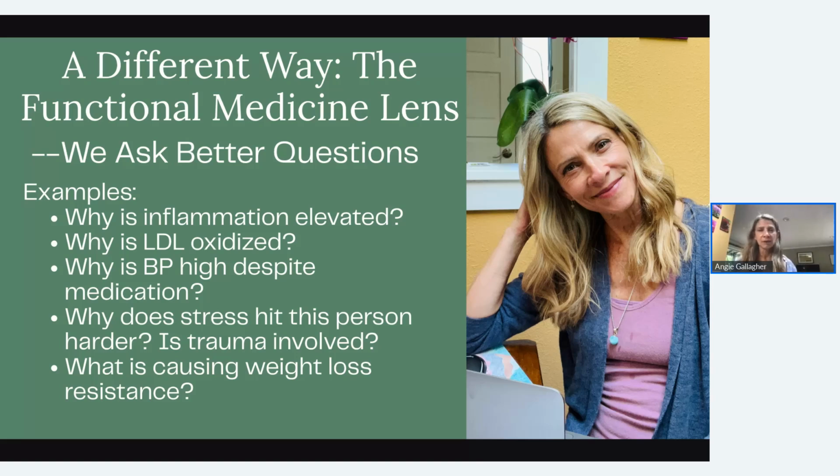Why is blood pressure high despite medication? Why is stress hitting one person harder? Is there trauma? Is there toxicity or mold or something that's in the body causing resistance to weight loss? Because some people can be doing everything right, but they maybe have mold that hasn't been diagnosed. They have another toxic burden that hasn't been diagnosed. So really important that we look deeper and look through a functional lens.